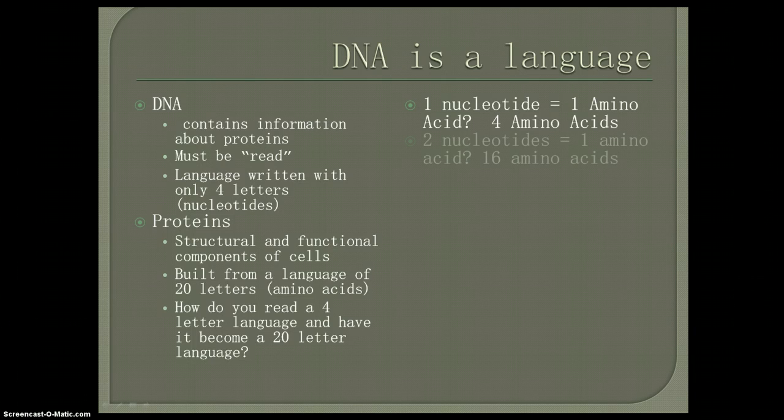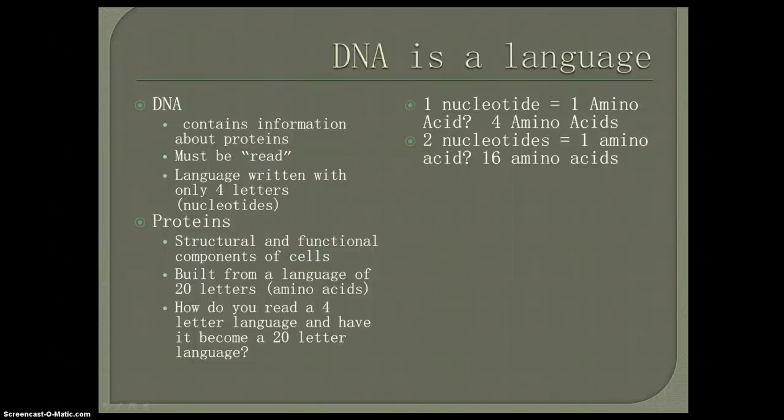So then they said to themselves, all right, so what if 2 nucleotides give us 1 amino acid? So what it's saying is, if you're looking at a DNA strand, you look at the nucleotides in groups of 2. So AC, then GT, then AA, then TT. And if each of those groups of 2 gives us 1 amino acid, then that's a total of 16 amino acids.